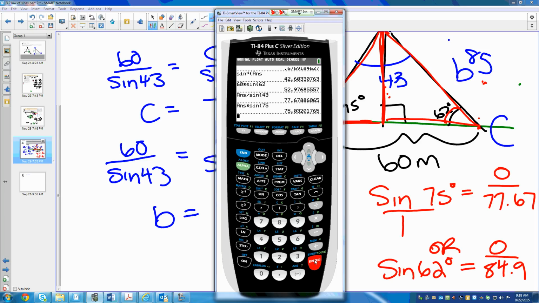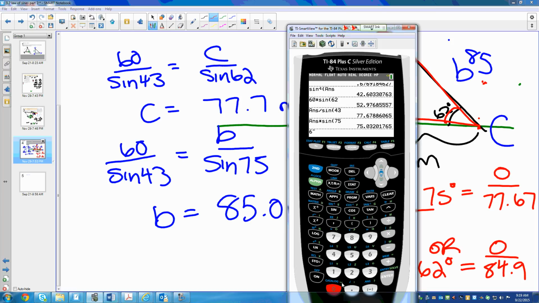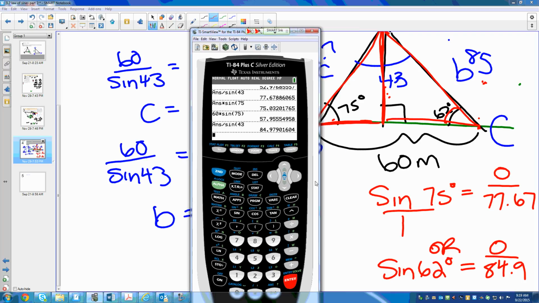So let's look at the other one. 60 times the sine of 75, enter, divided by the sine of 43, enter, gives me that 84.97, right, that you guys had. And 84.97 times the sine of 62 gives me that 75.03. Okay, so either way you went about to solve for the height, you would end up with the exact same value, 75.03.